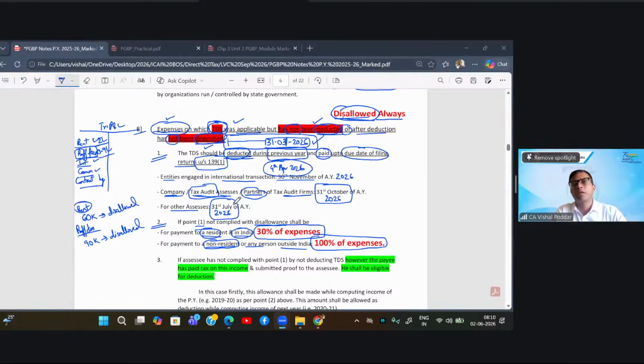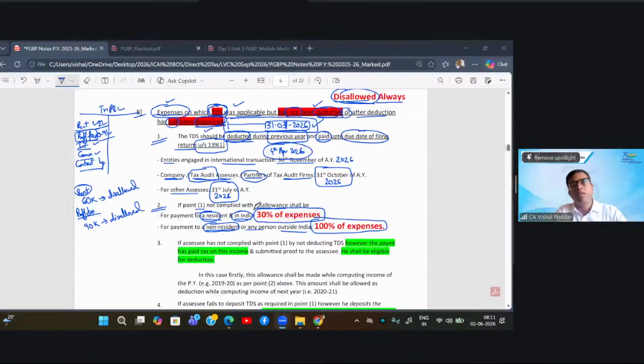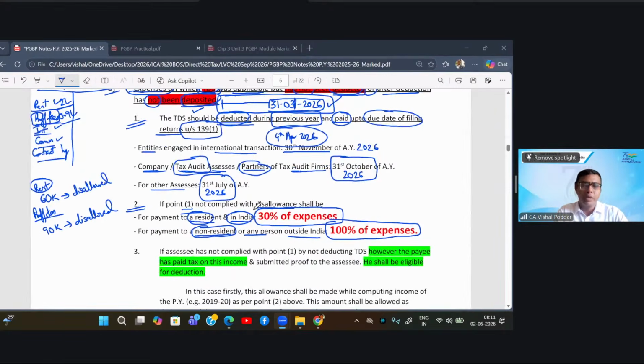Then you have to check with the timelines, whether it is deducted anytime during the previous year, that is latest up to 31st March 26, and whether it is deposited up to due date of filing your returns. If both the conditions are satisfied, again, this restriction is over, nothing doing, the expense will be allowed as deduction. But if any one of the two conditions is not satisfied, then there will be disallowance.